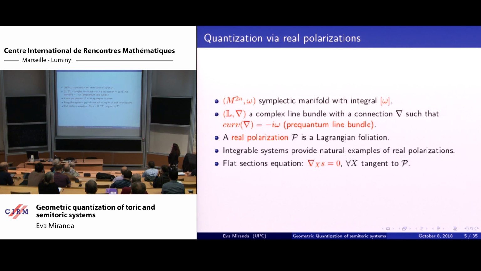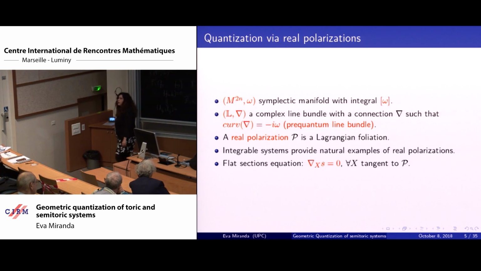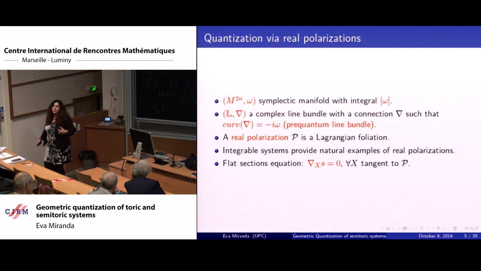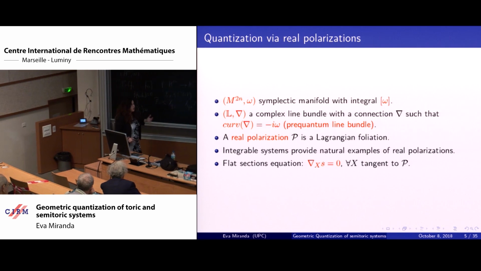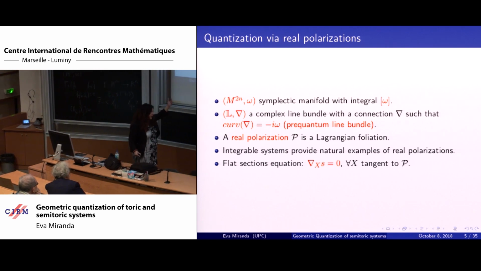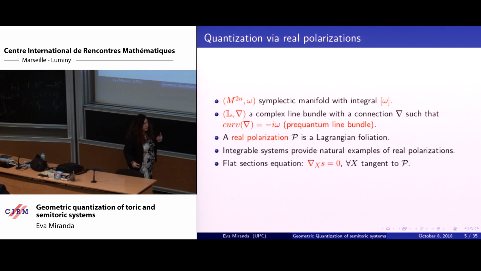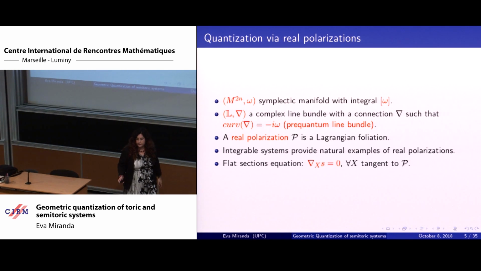There is a moment in which you need to decide if you go for the metaplectic correction or you don't. We could consider the metaplectic correction at this point, or not, and then compare the results. They are isomorphic. So when I consider the flat sections, you can think that you have or you don't have this metaplectic correction, as you prefer.